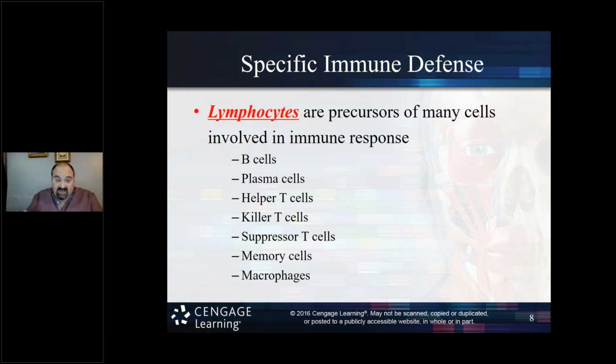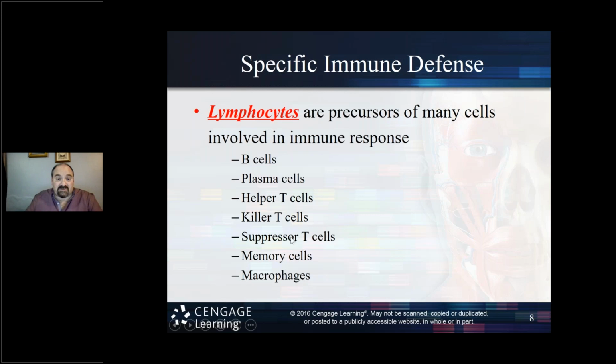HIV attacks and infects the helper T cells with a virus, inactivating the specific immune response, because the B cells and the plasma cells require helper T cell initiation and involvement. The killer T cells are involved in directly destroying infected cells or bacteria or microbes.